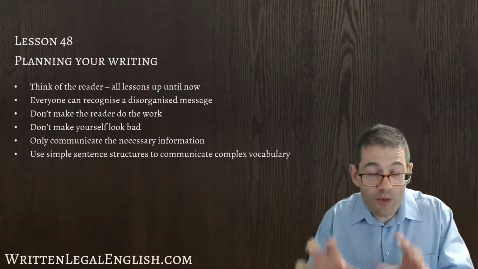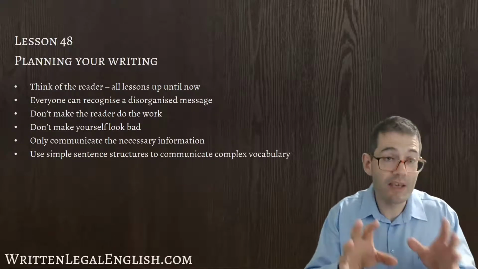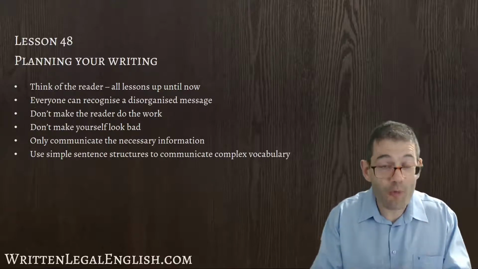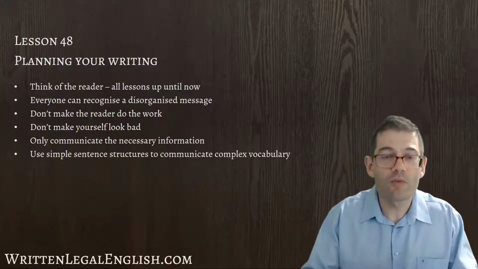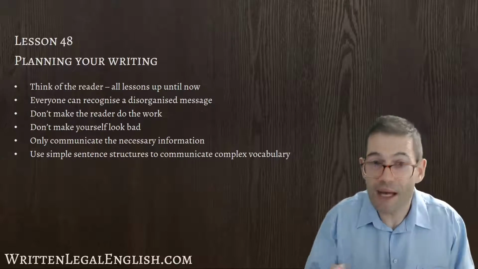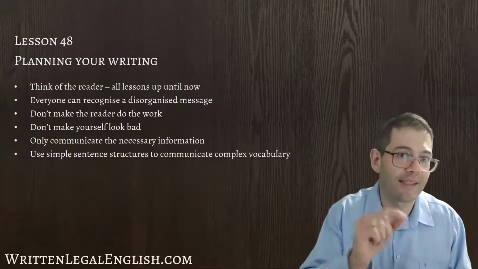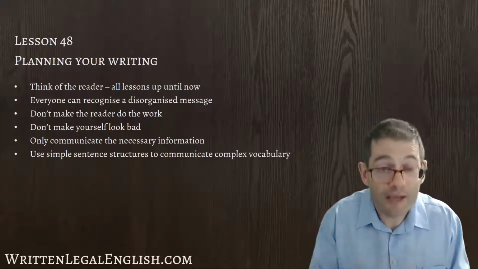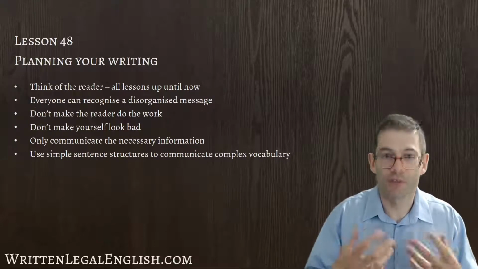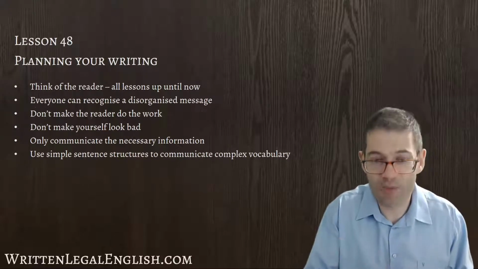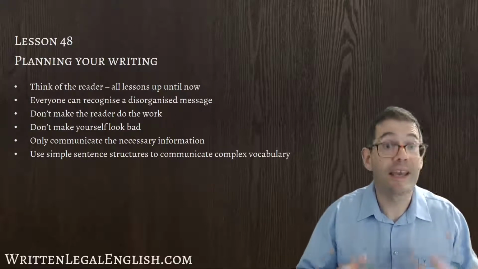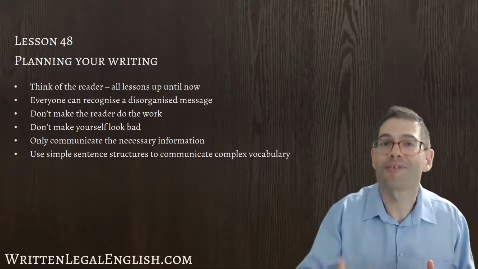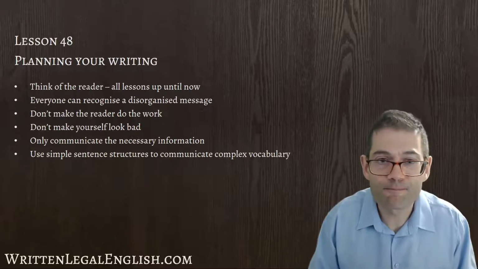But if you communicate that complex vocabulary in complex grammatical structures, you are asking the reader to do a lot. But it is possible to communicate that same complex vocabulary in a simple sentence structure. And in doing so, you are presenting yourself as someone who can explain complicated things in a very clear way, and you are helping the reader.